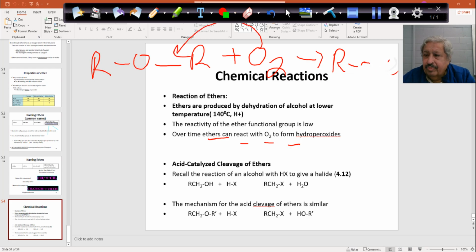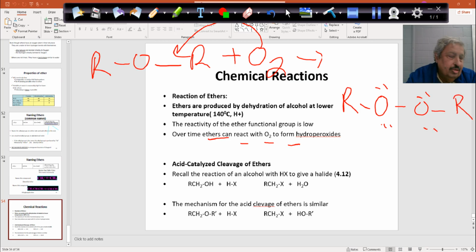Then you have something looking like RO, it's a peroxide here. So peroxide, that's from the air. But if you put heat beside it, then you can combust it to carbon dioxide and H2O.